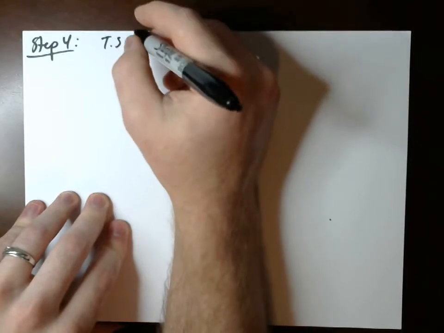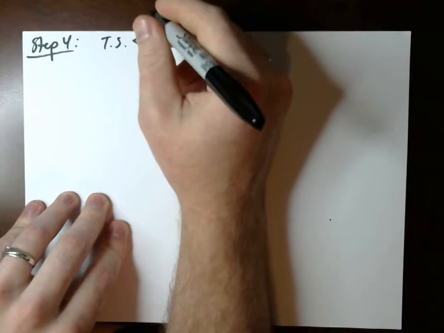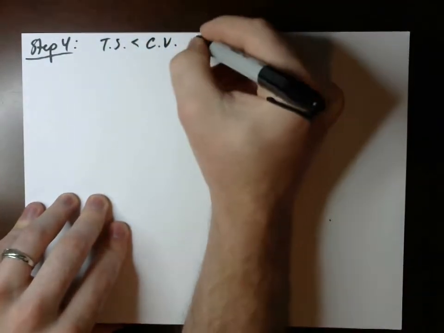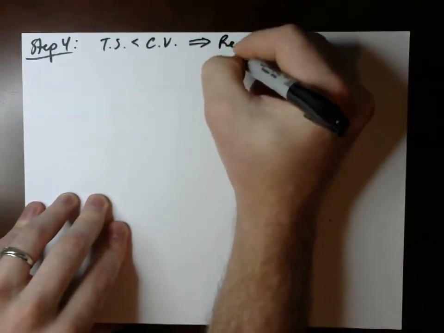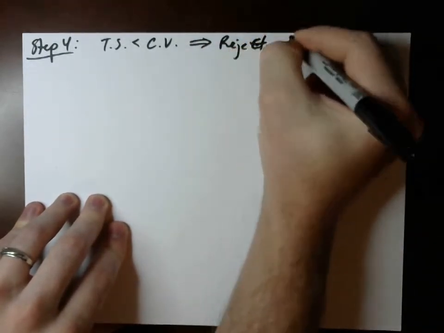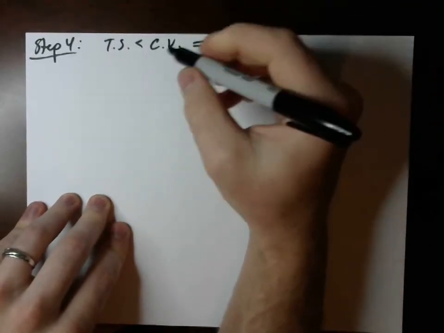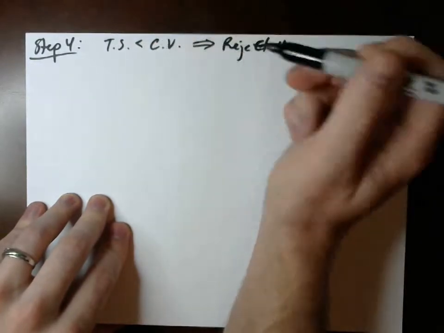In this case, since we're doing a left tail, our test statistic is smaller than our critical value. So this implies that we reject H naught. Okay? We're rejecting H naught because the test statistic is on the tail compared to the critical value.